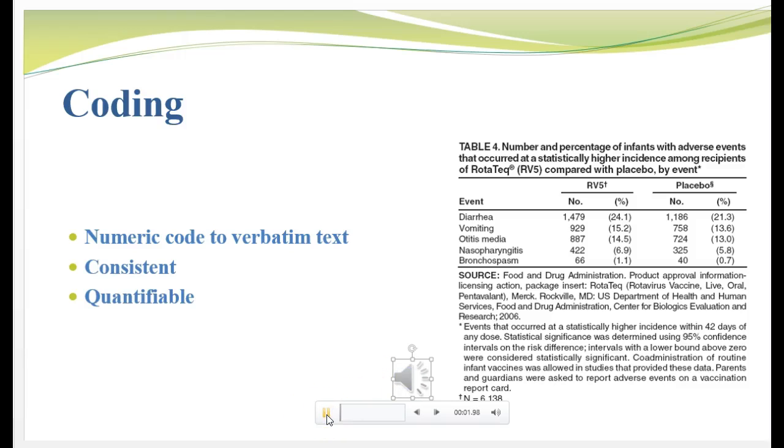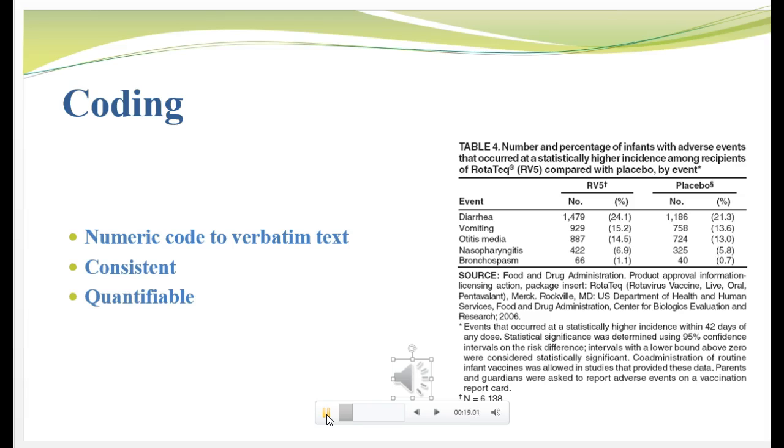So let's talk about coding. We talked about coding in some of the earlier modules, where we said that essentially you get a lot of verbatim text describing concomitant medications and adverse events in medical history, but in order to analyze that data, you have to be able to quantify it.